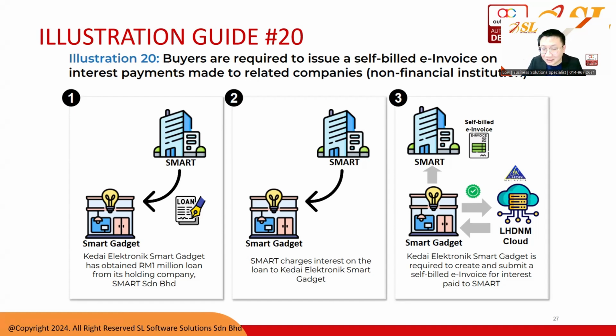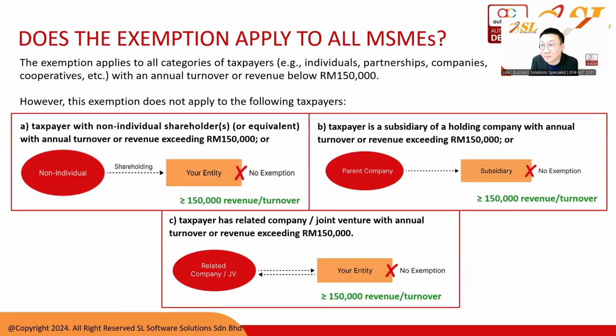Okay. So another new update from LHDN is the 150,000. The definition of this 150,000: last time we didn't have a very clear picture of how to define this 150,000 business as MSME. So now, if I hold 2% of shares, or I hold 80% of shares, regardless, because you are not an individual.